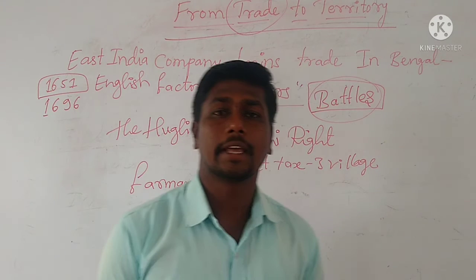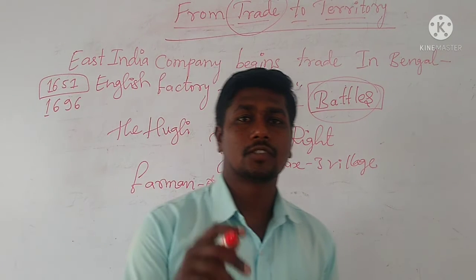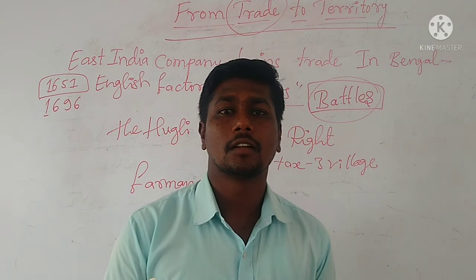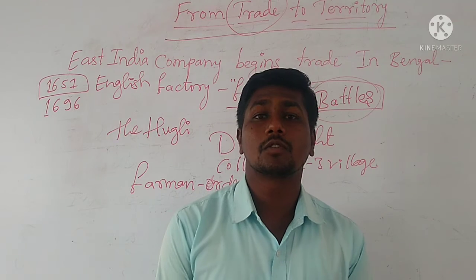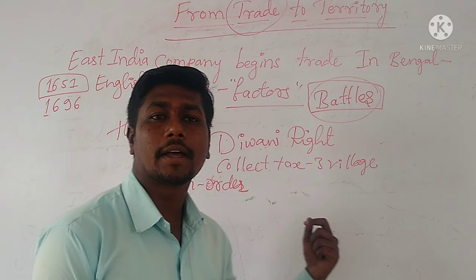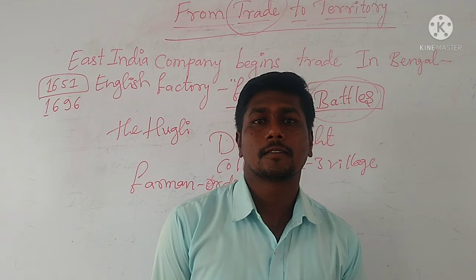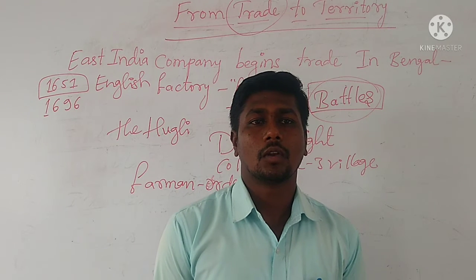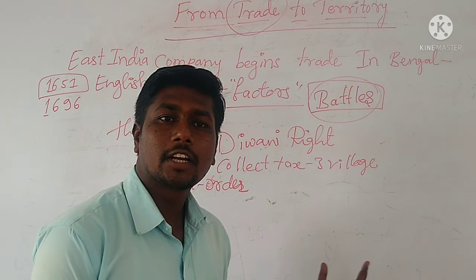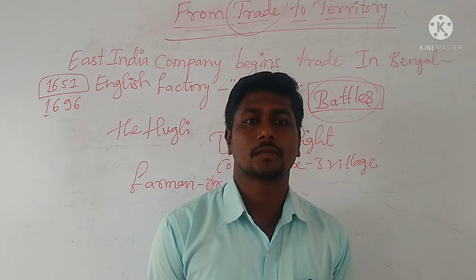This order he issued, and he even ordered that the Company should not be allowed to issue coins, which means coins should not be produced by the Company. These decisions were taken by Siraj-ud-Daula.